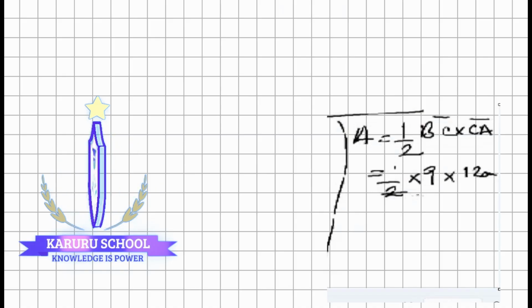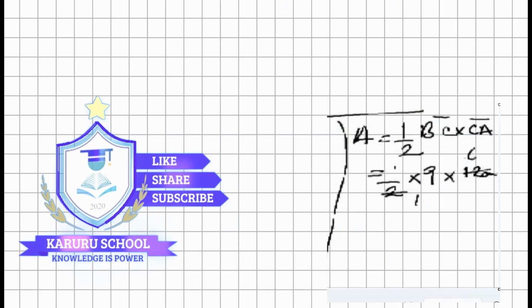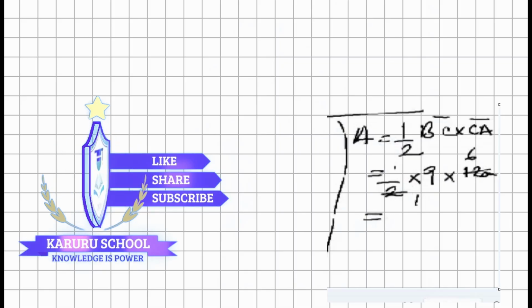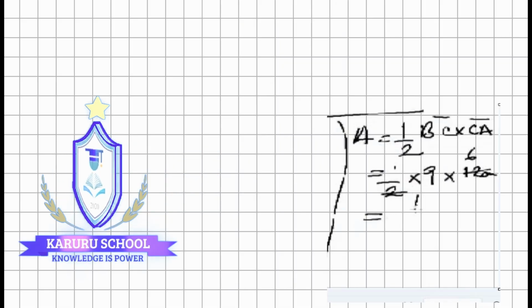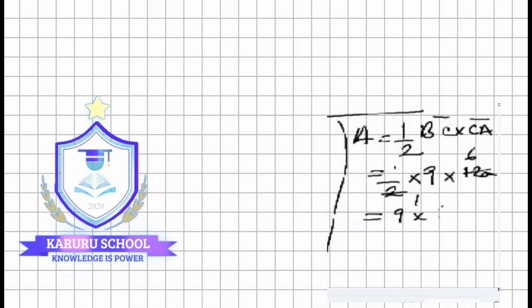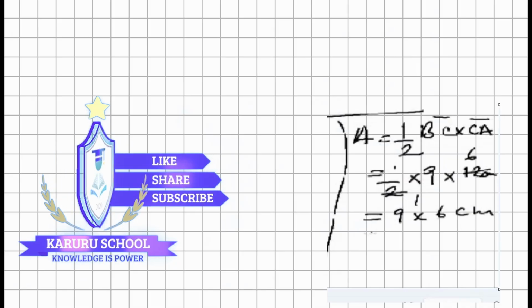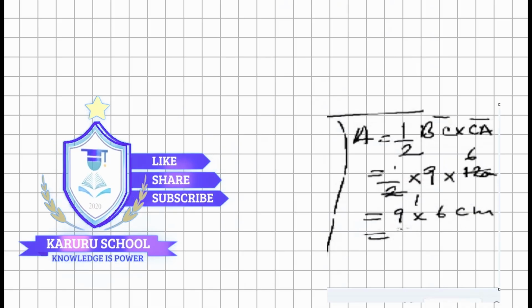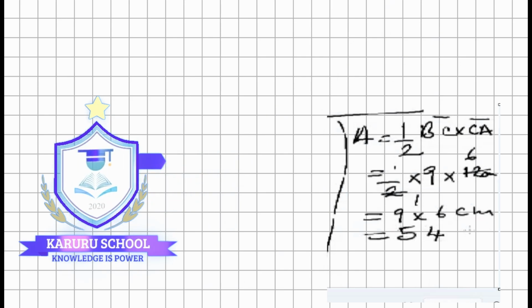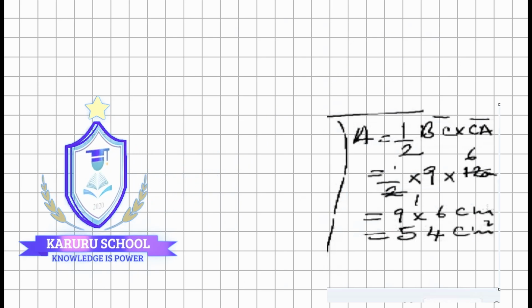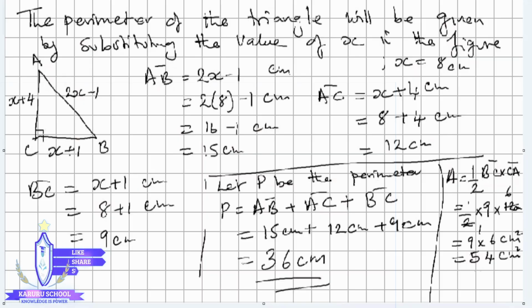So cancel here by 2, you get 1, cancel by 2, you get 6. So this one would be equal to 9 times 6, which is equal to 54 centimeters squared. So that is how, if you are given that question, you would solve it.